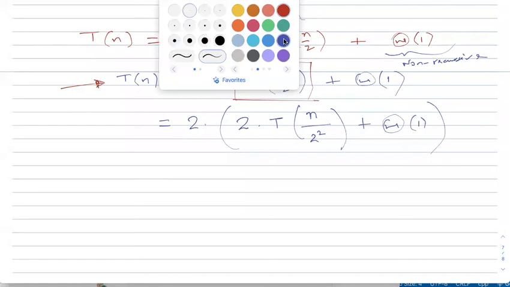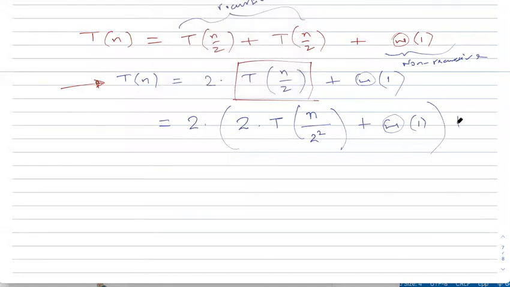Please feel free to interrupt me because this is a very, very important step I'm showing. All I have done at this step is just expanded this. So this makes it 2 square times T of n by 2 square plus order of 1.